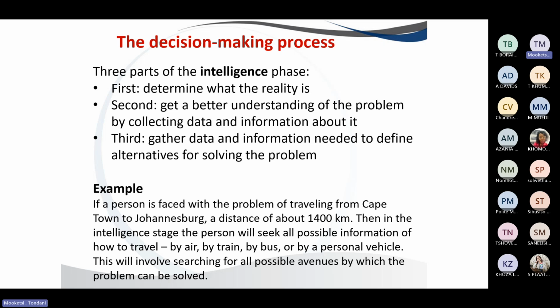And there is also a safety factor that must be taken into account. We are living in South Africa, so safety is always an issue. So in this intelligence phase, the person will gather all of that information in order to solve the problem.